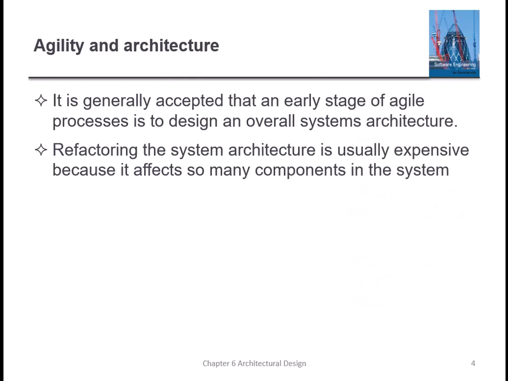Agility and architecture. It is generally accepted that an early stage of an agile process is to design an overall system architecture. Remember that we have two categories of process model: one is plan driven and the second is agile. This was discussed in quite some detail in our previous lecture.